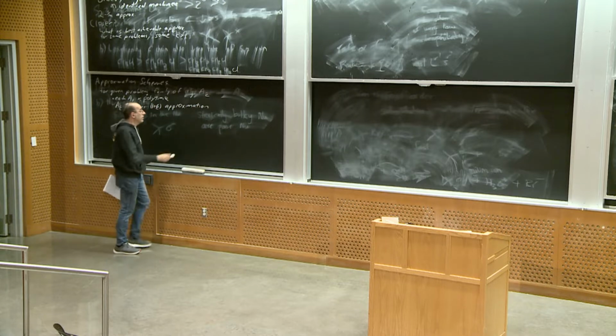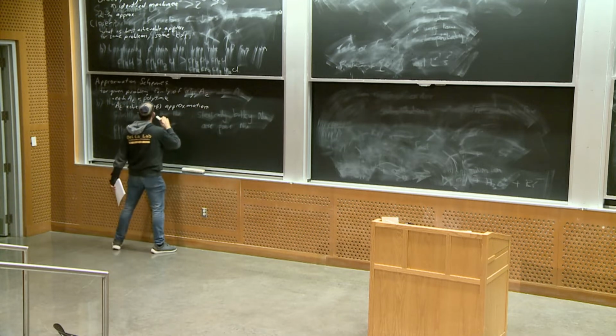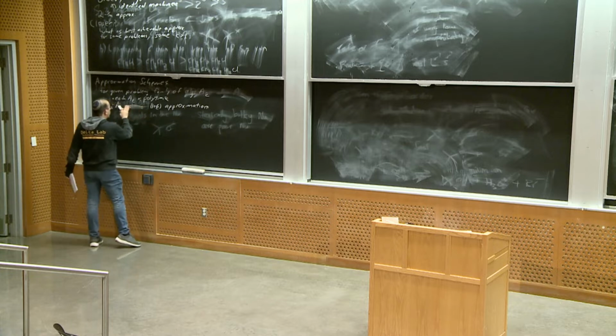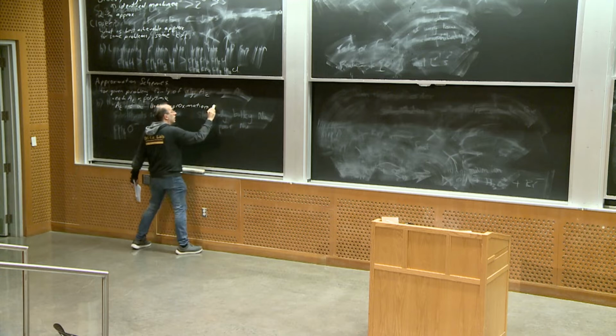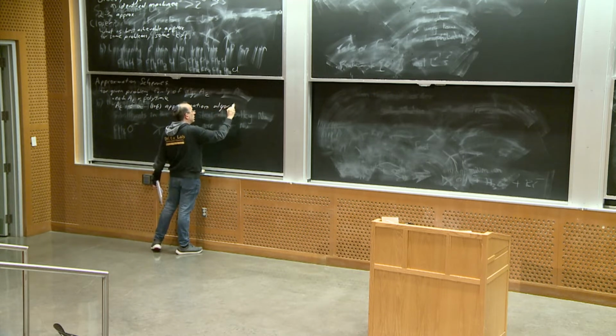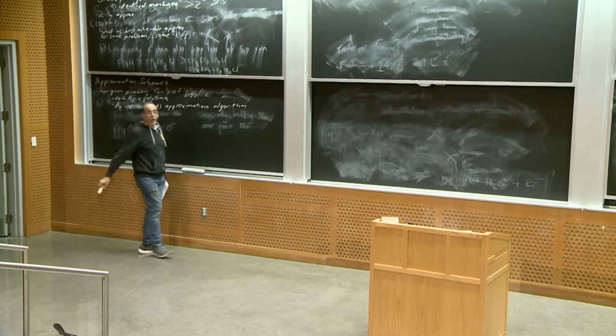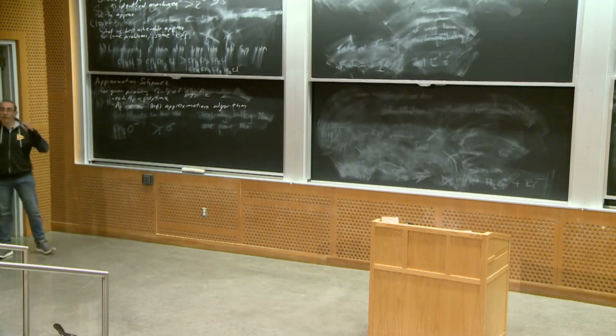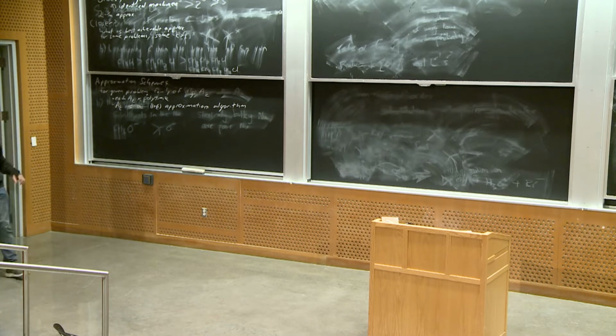Or put another way, A sub epsilon is a 1 plus epsilon approximation algorithm. That's more correct. Okay? So if you have an approximation scheme for a problem, then however close you want to approximate that problem, you can. There's an algorithm for doing so. Okay?